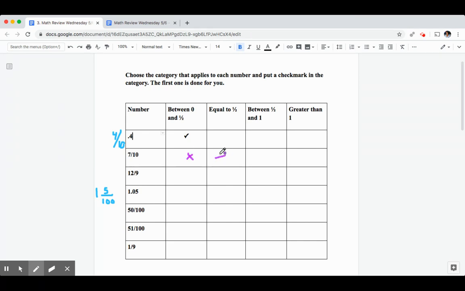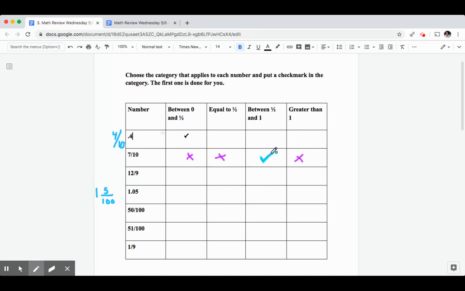It's not equal to 1/2. Is 7/10 greater than 1 whole? No, because 1 whole would be 10/10. 7/10 is less than 10/10. So we know it's between 1/2 and 1. And I'll put that in a different color so that it stands out. Great.